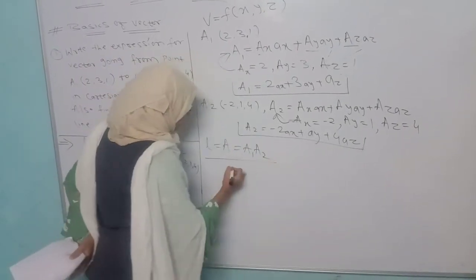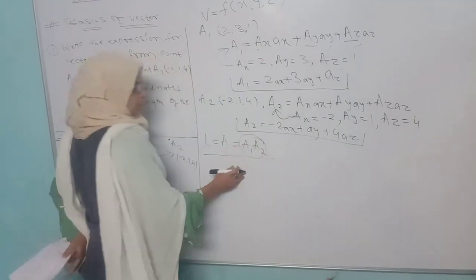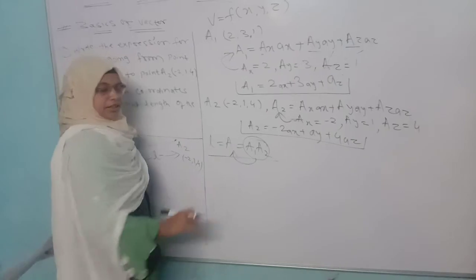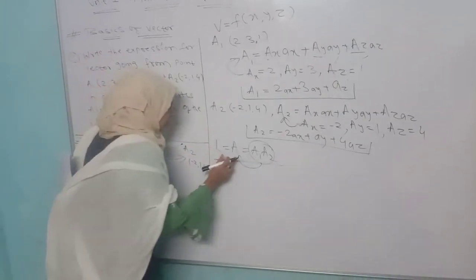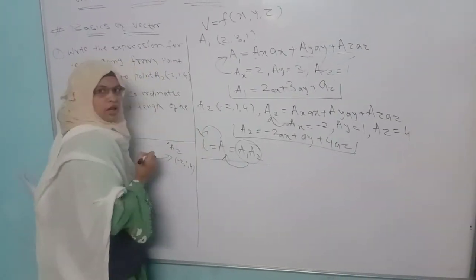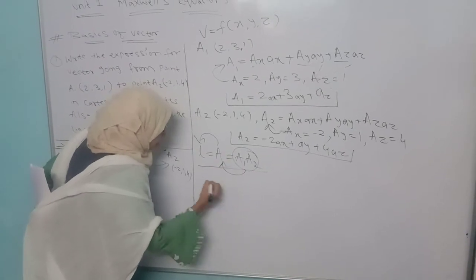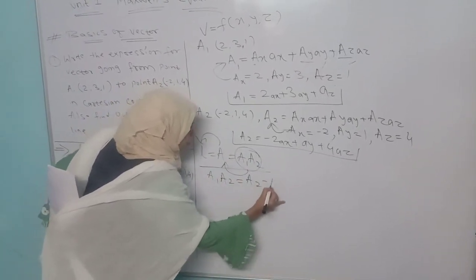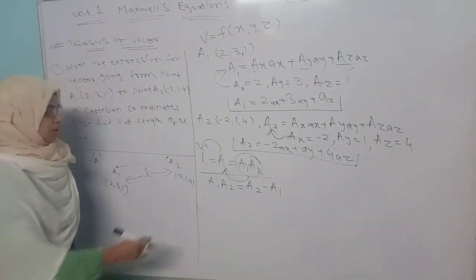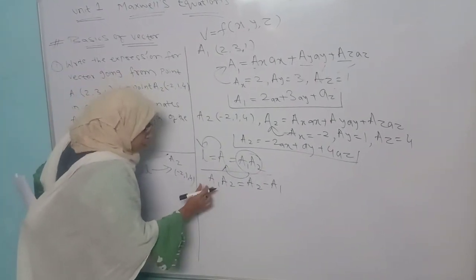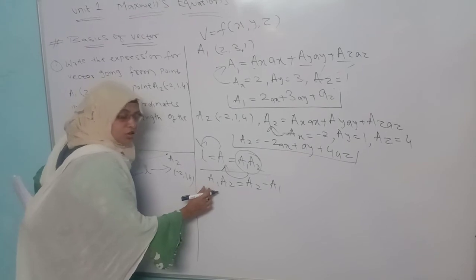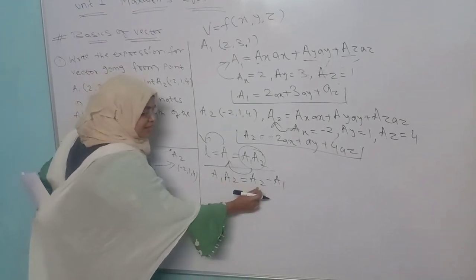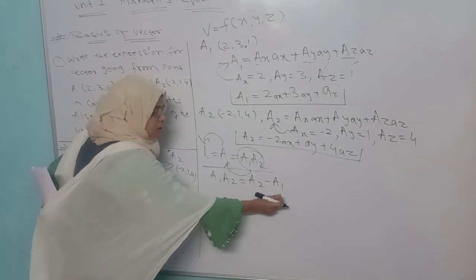Just assume A1A2 is my A in magnitude form, and that is the L. Now how can I calculate? My A1A2 will become A2 minus A1. Why? Because you are going from source point 1 towards 2. While calculating the length, it should be destination minus source.